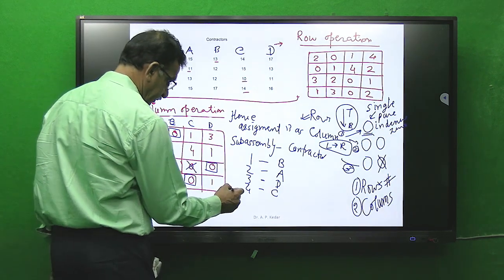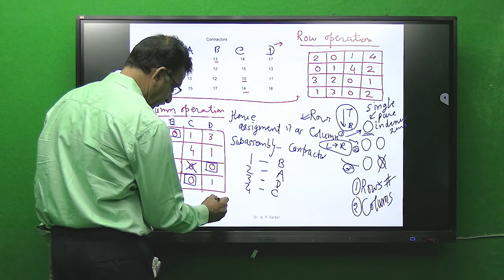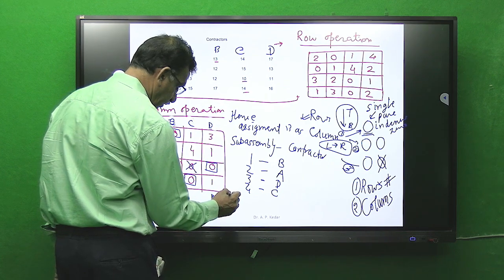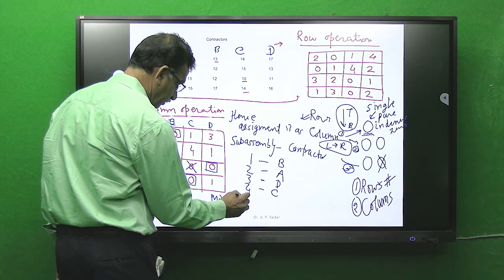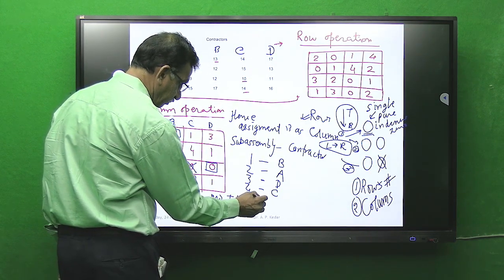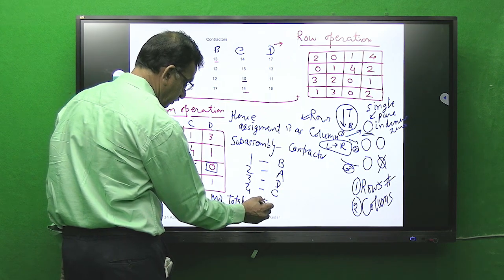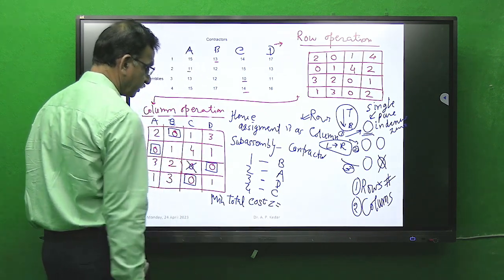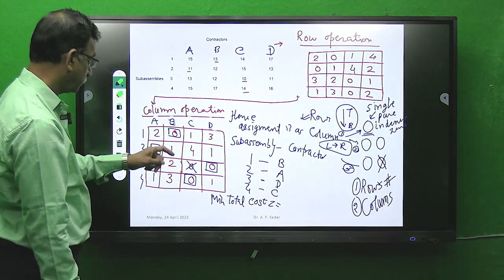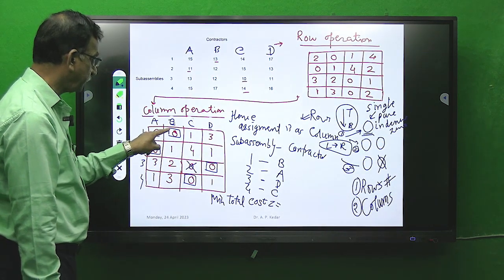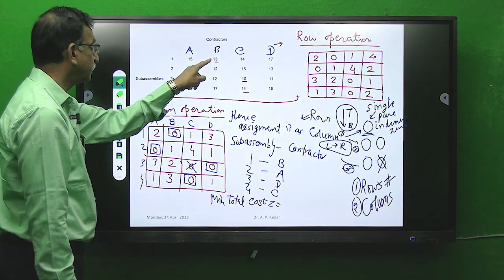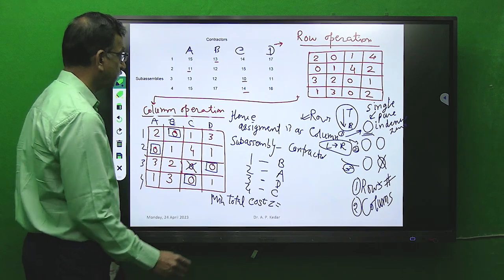And minimum total cost, because that is the objective function, minimum total cost Z is equal to, see now what we have to do. For this, 1B cost is 13.